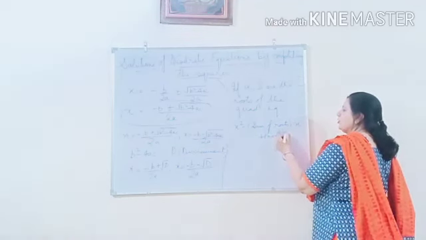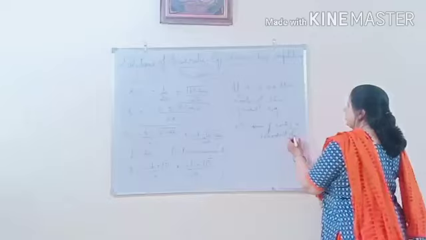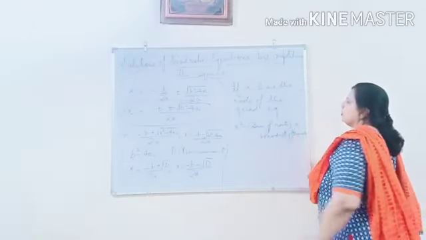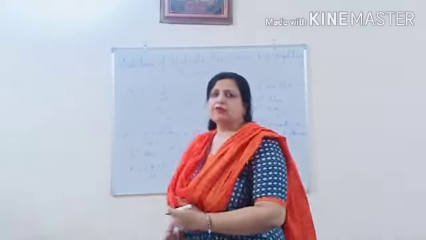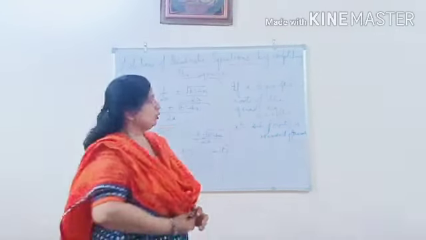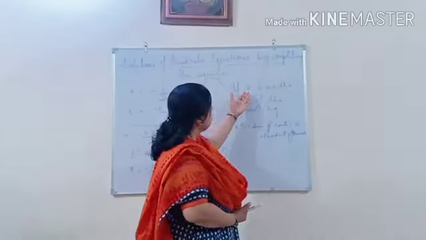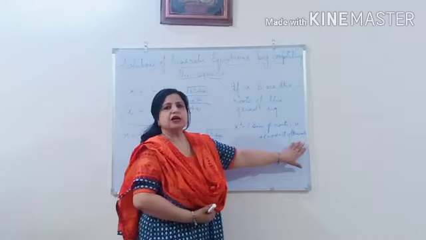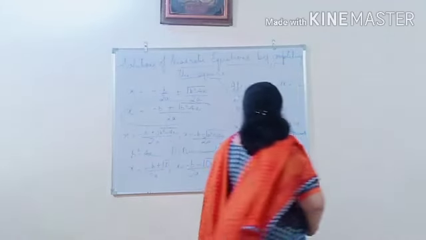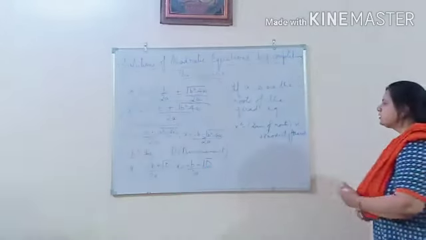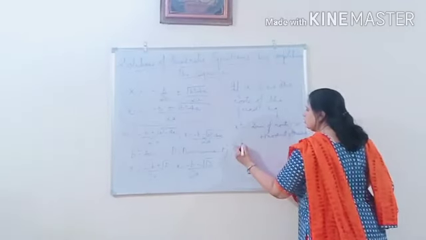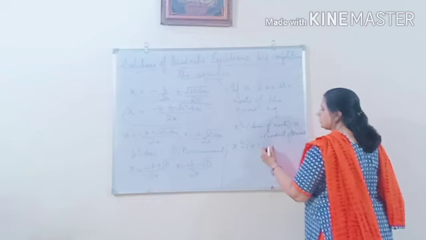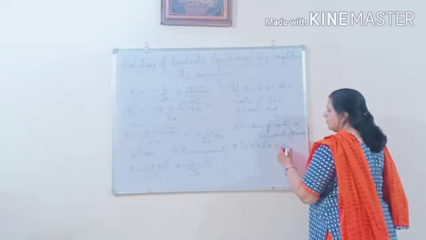This is the formula for finding the quadratic equation. Now here, alpha and beta are the roots: x square minus alpha plus beta times x plus alpha beta.